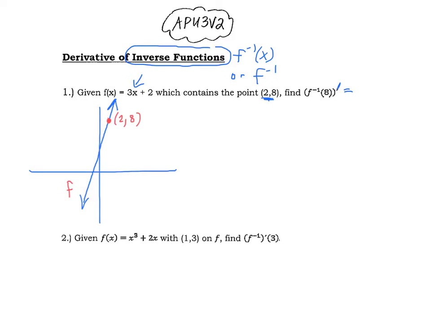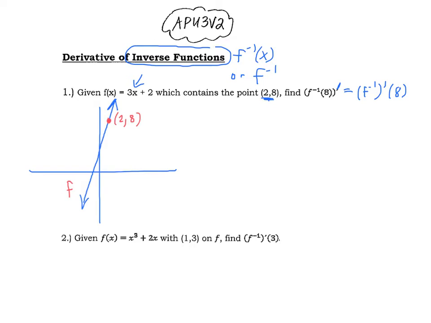So this is a derivative mark here on the end. Another way of thinking about this is you can write this as f inverse with a derivative mark, of 8. So we're trying to find the derivative of the inverse function at the x value of 8.